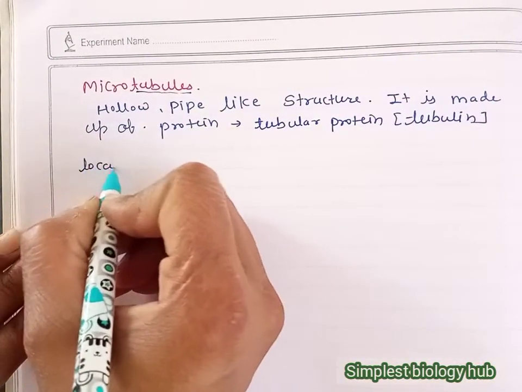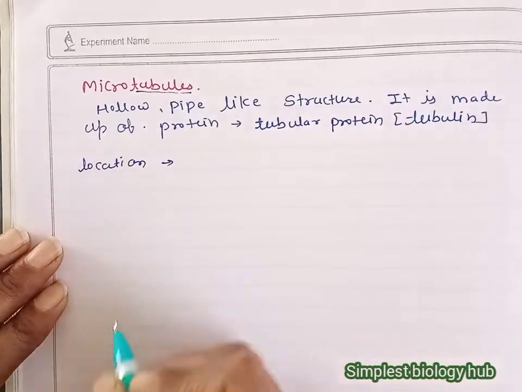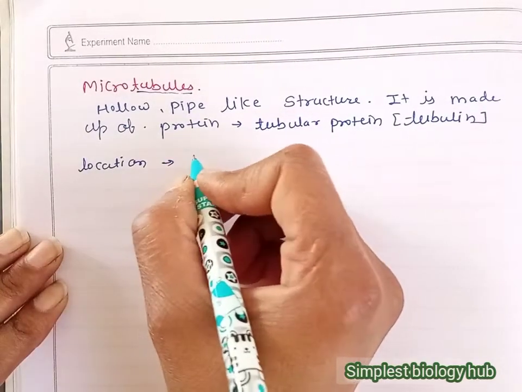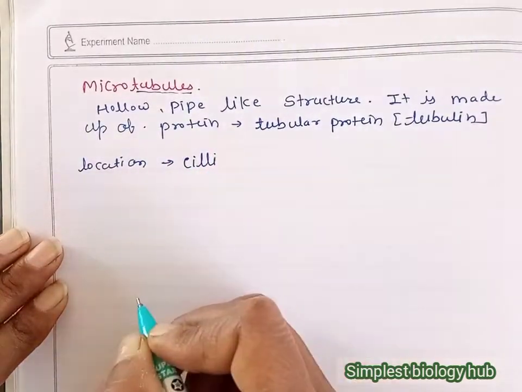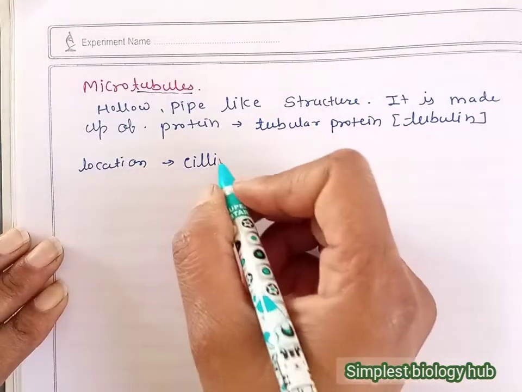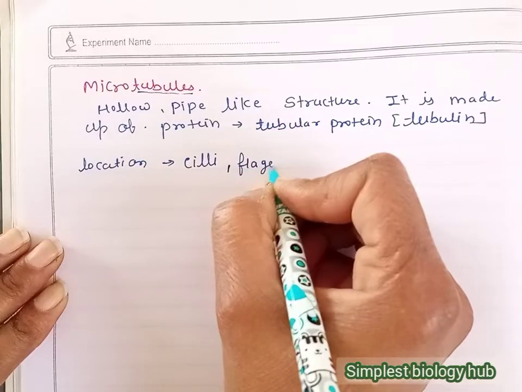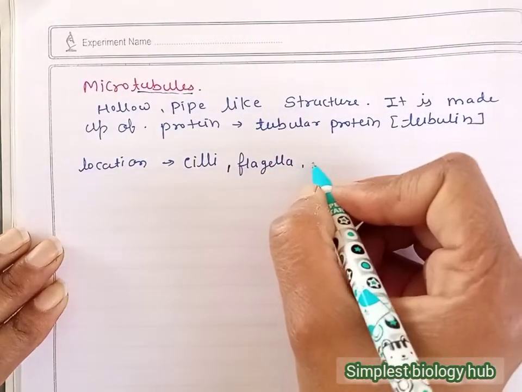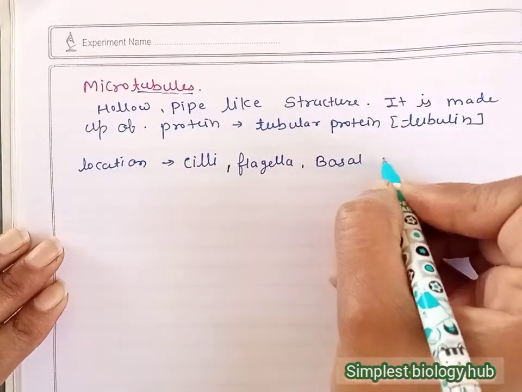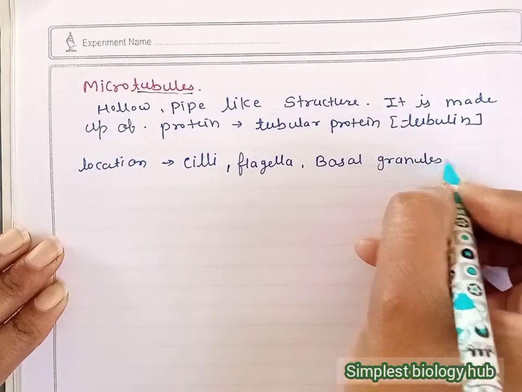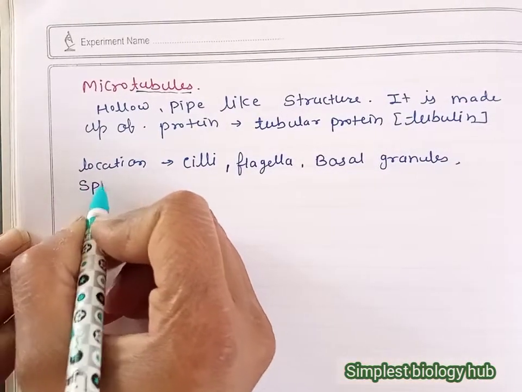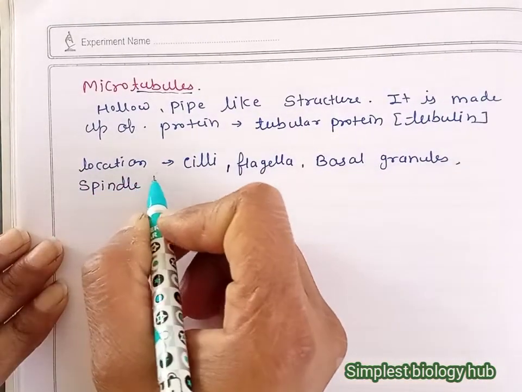Now, where are the microtubules located? They are generally found in cilia. They are suspended all over the body of lower organisms. They may be present in flagella, in basal granules, and in spindle fibers. Spindle fibers are formed during the cell division process.